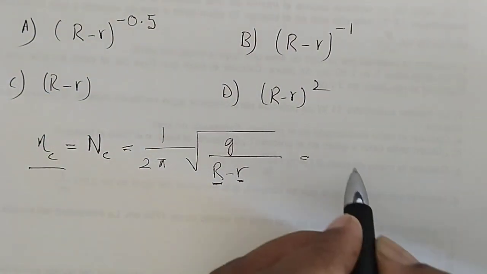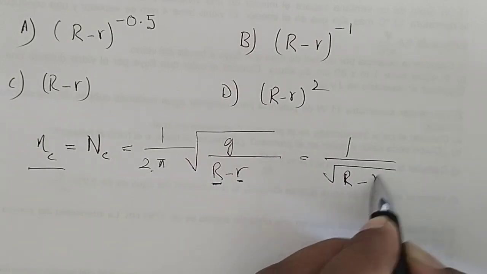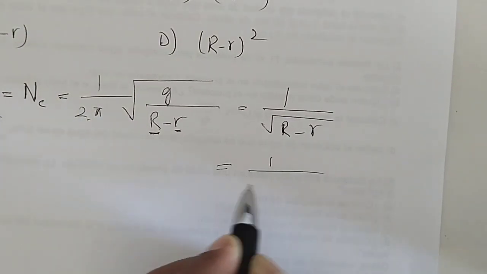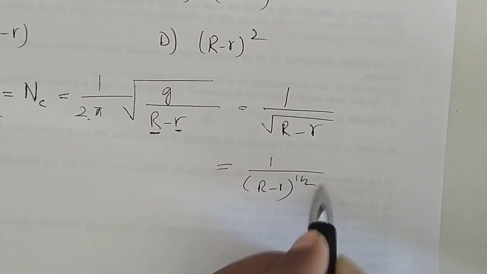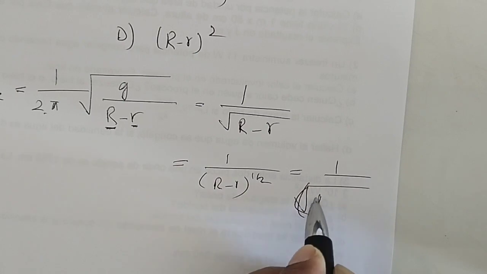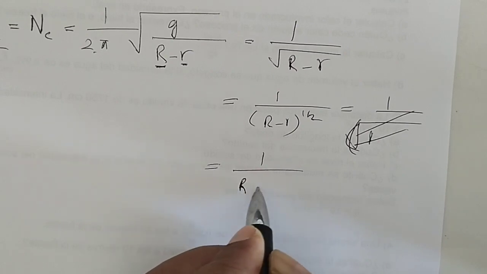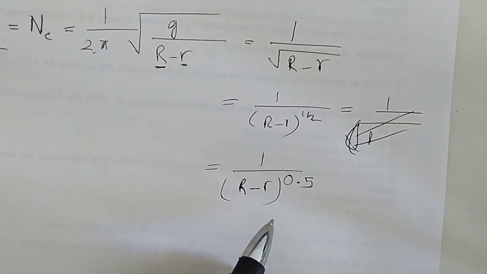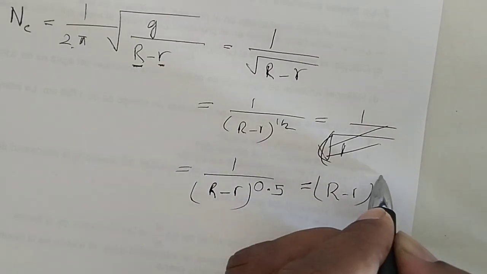Now if you convert this, 2 pi and g are constant, so it is proportional to 1 upon square root of (capital R minus small r), which is 1 upon (capital R minus small r) raised to 0.5, and as it is in the denominator, when it goes up it will become (capital R minus small r) raised to minus 0.5.